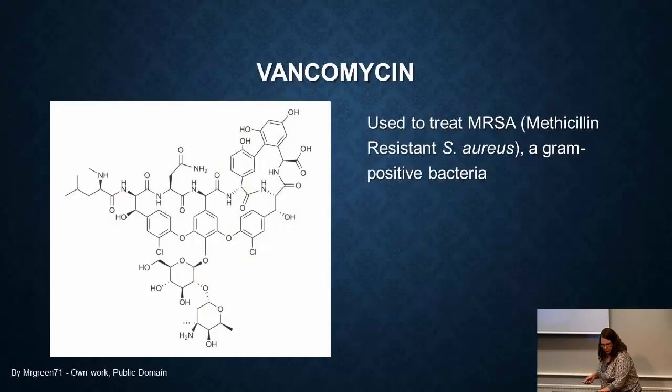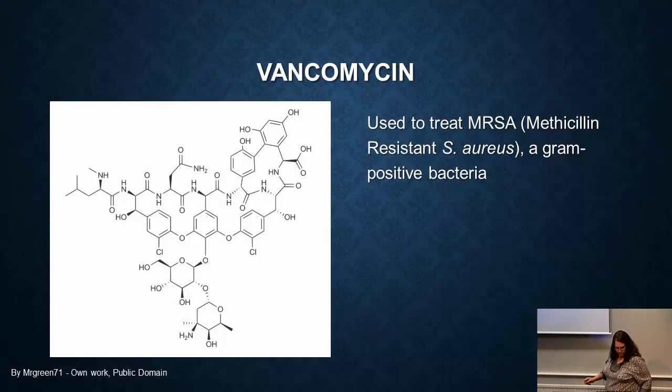Another example I'm going to show you is a little more complicated. This is vancomycin, and I didn't talk about the mechanism of vancomycin yet. It's used to treat MRSA, the methicillin-resistant Staph aureus. It's a gram-positive bacteria, and this is a much more complicated structure.